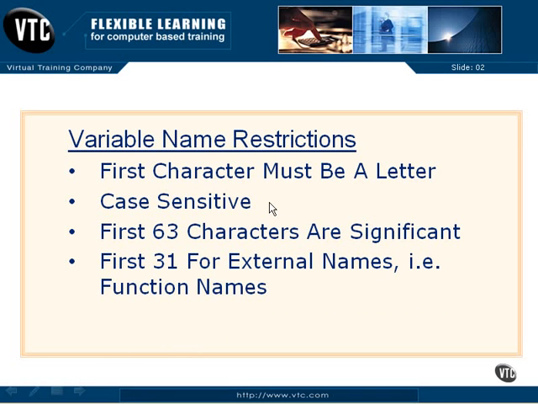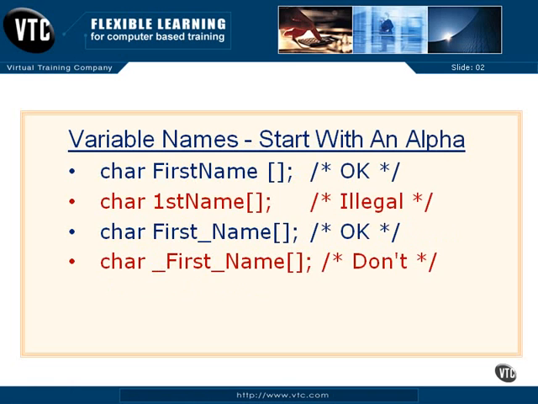Some of the restrictions, though, we see that our first character must be a letter. Variable names in the C programming language are case sensitive. The standard calls for the first 63 characters to be significant and the first 31 for external names, for example, function names. Let's take a look at some details of this. Variable names starting with an alpha.